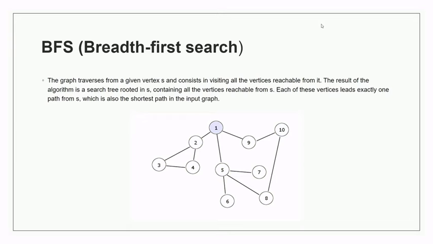We leave vertex number 2 by removing it from the queue and go to the next one, element number 5, and we throw into the queue all unvisited connections of this vertex. Now it looks like 5, 9, 3, 4, 6, 7, and 8. We repeat these actions until the entire graph is passed. Visiting all vertices will end when the queue is empty.